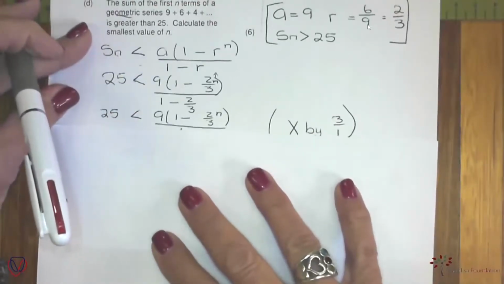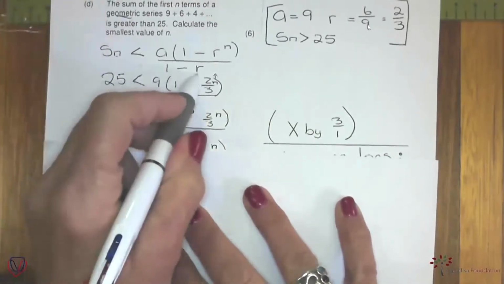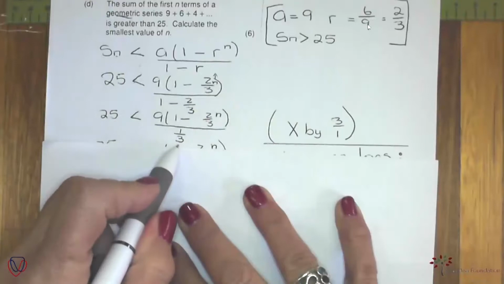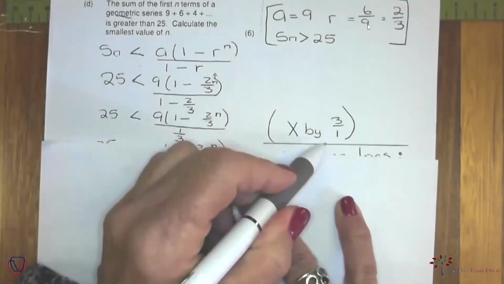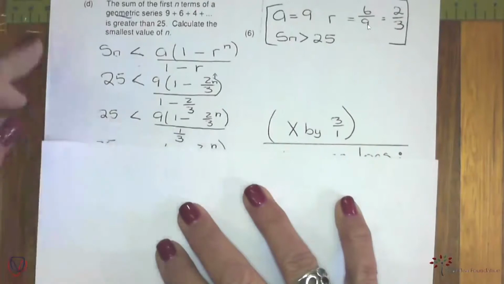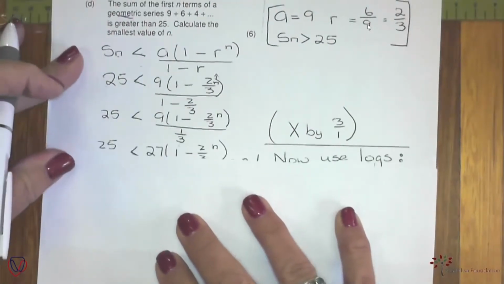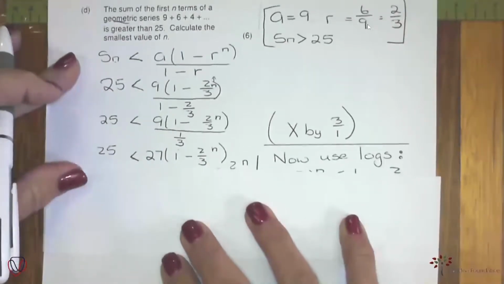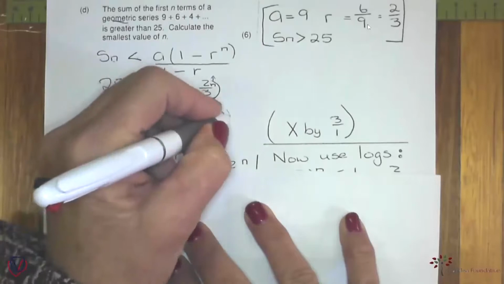There I rectified it. 25 smaller than that. 1 minus r. 1 minus 2 over 3 gives me 1 over 3. Then I multiply by 3 over 1 to get rid of this. You swap it and you multiply the whole equation by that. And if I multiply 25 by 3 over 1, no, I don't have to do that. I can only remove the bracket here.